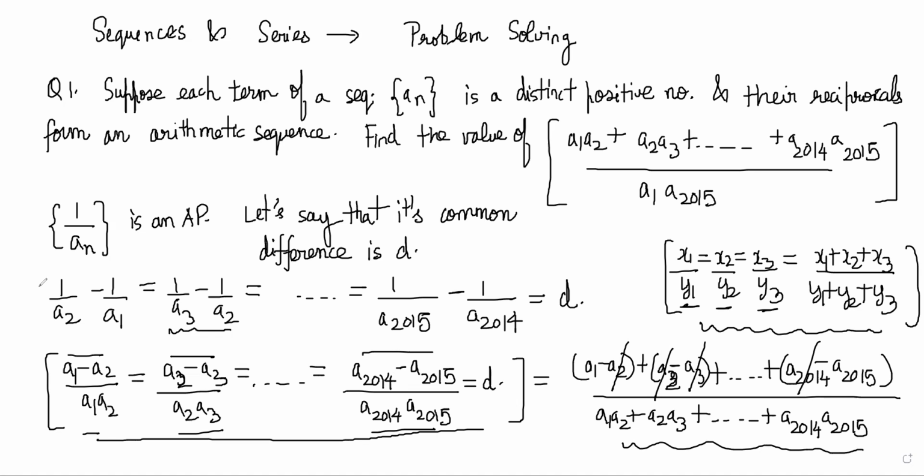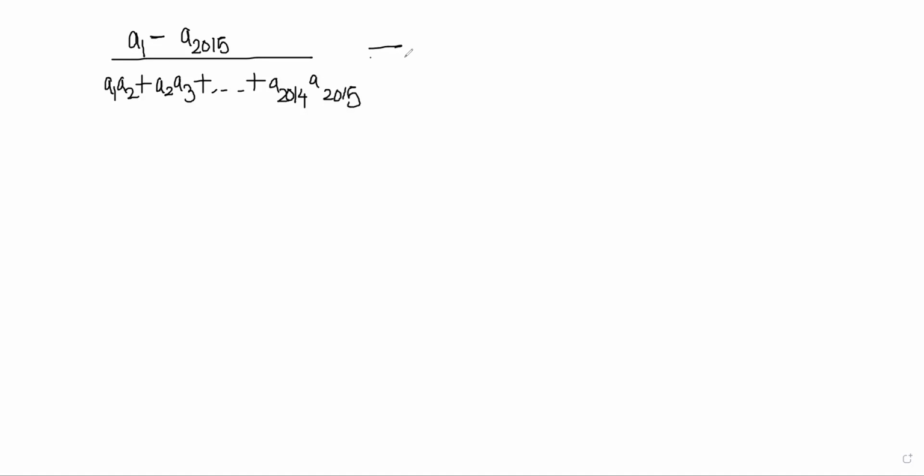So I'll write it on the next screen. What I have so far is (a1 minus a2015) by (a1 a2 plus a2 a3 till a2014 a2015) is equal to D. Why is it equal to D?